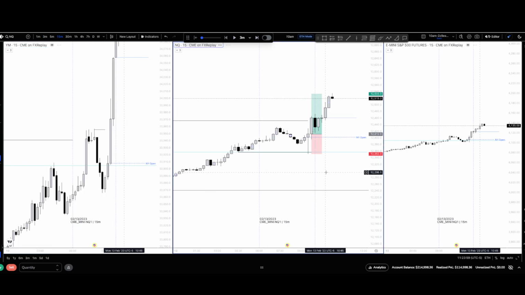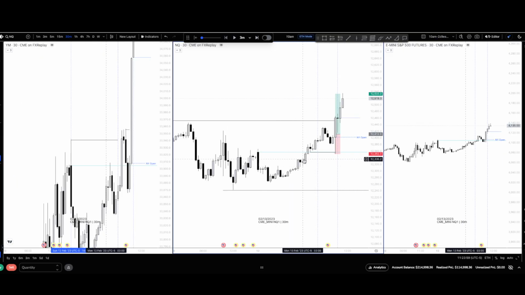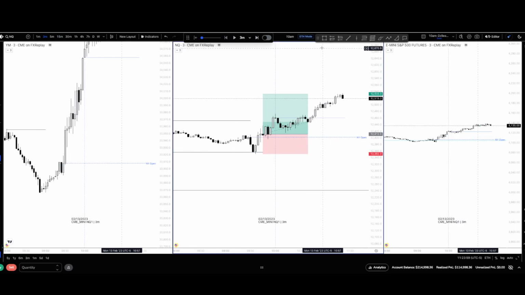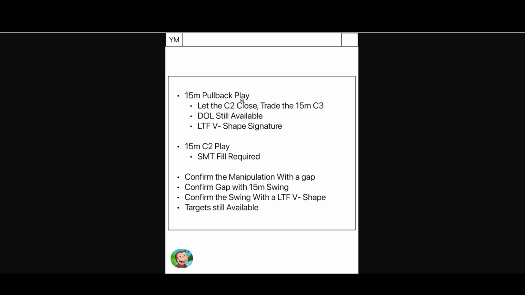So what do I do? I wait for this 15-minute swing off of what gaps that's showing me that this could be your possible low day. When you do trade off of these gaps within the fractal, that 15-minute C2 does close, with a 3-minute V-shaped signature. Once you have this V-shaped reversal signature, you have that 15-minute pullback. Pulls back into those gaps. We let the C2 close.